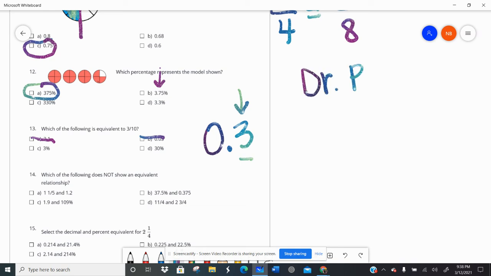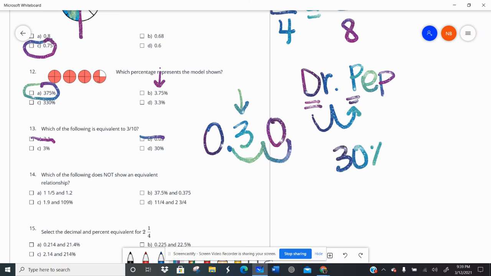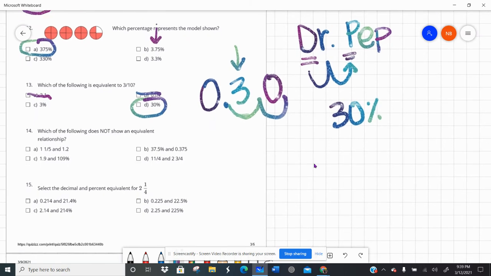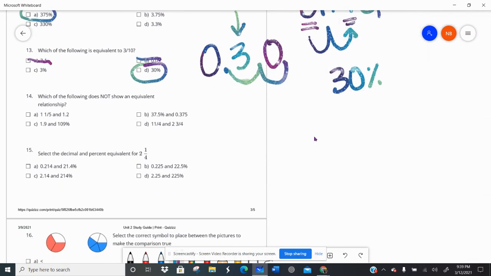Decimal to percent. So if I have a decimal and I want a percent, I'm going 1, 2 to the right. 1, 2. I have to add that 0 and add that percent sign. 30%, right? Whew, we're getting there, friends. We are getting there.